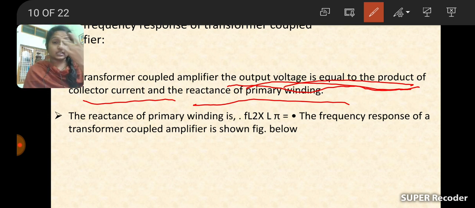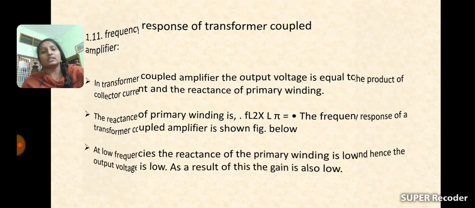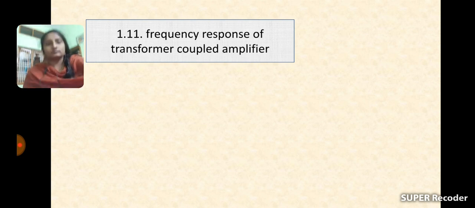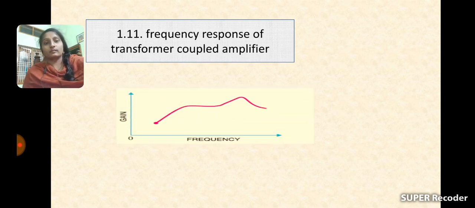Here one small difference is there compared to the RC coupled amplifier. The reactance of the primary winding is XL equal to 2 pi F L, and the frequency response of the transformer coupled amplifier is shown in the diagram below. See here, this is the frequency response curve of the transformer coupled amplifier.